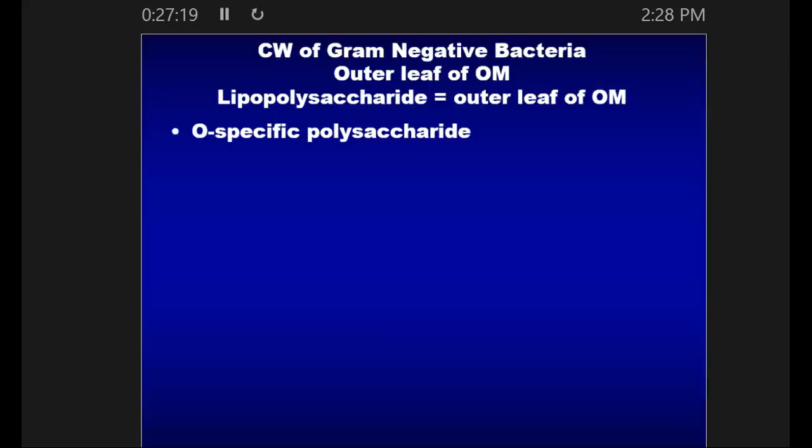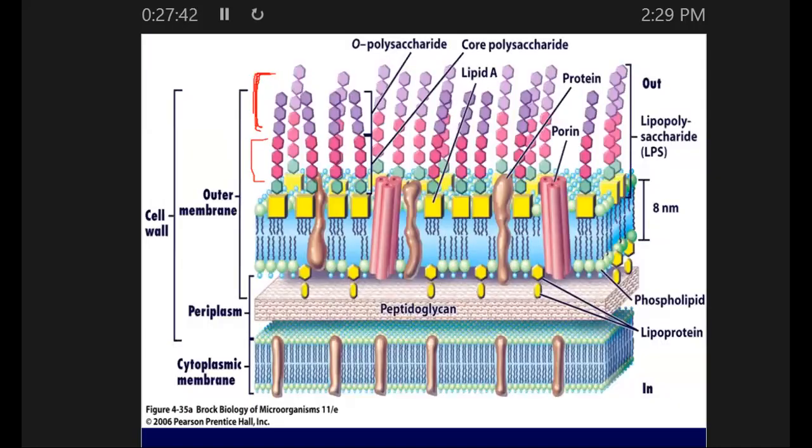The purple structures we were just looking at, those are called the O-specific polysaccharides. They're just sugars, special sugars. You don't need to know that they're hexyl sugars and dideoxy, but sometimes people have asked. Just know they're polysaccharides, okay? Then you can see they're bonded to the pink stuff next, right?